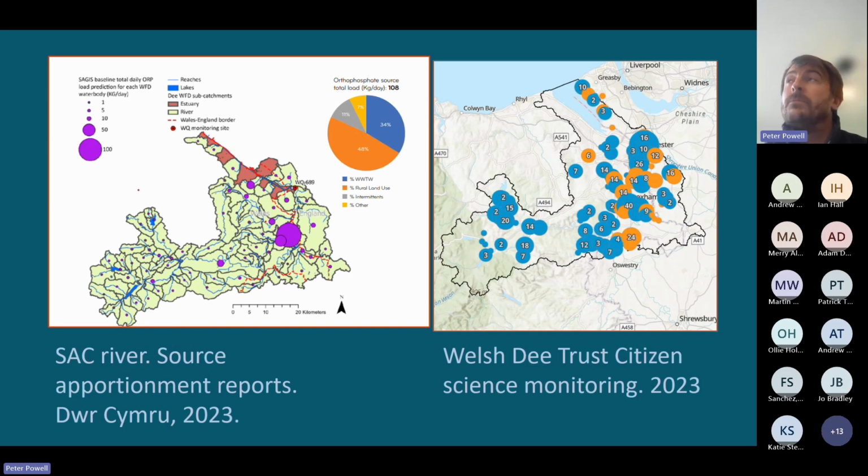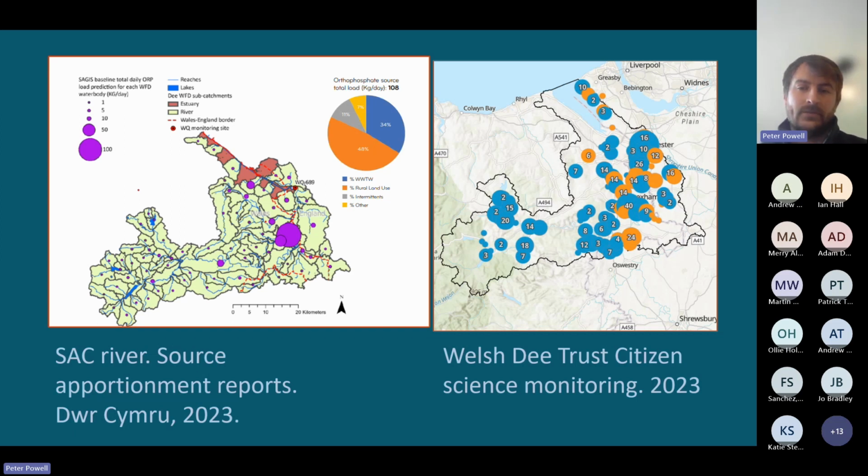And the main tool we use it for is actually identifying where the actual pathway is entering into the river. So it's really good at helping us find the actual pipe or the overland flow or the discharge that is high in phosphorus.